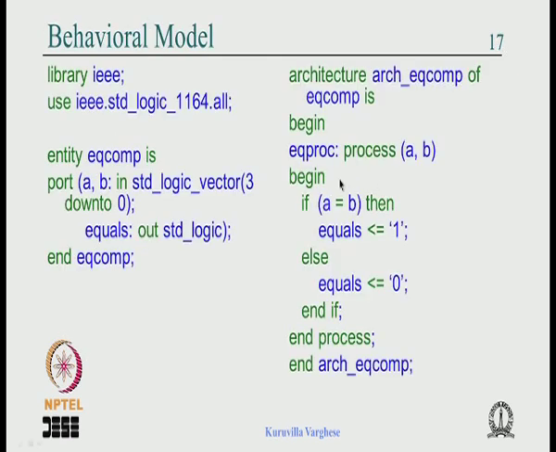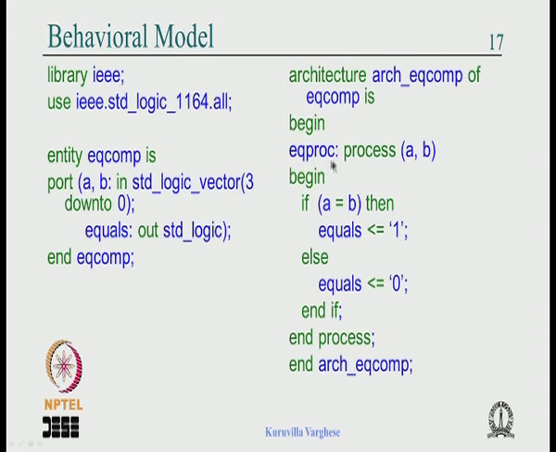Let us come to the second level of description model, which is called the behavioral model, and we are taking the same example, the equality comparator. The library declaration is the same, the entity and ports are the same, but when it comes to the architecture, it uses a particular syntax or body called a process.